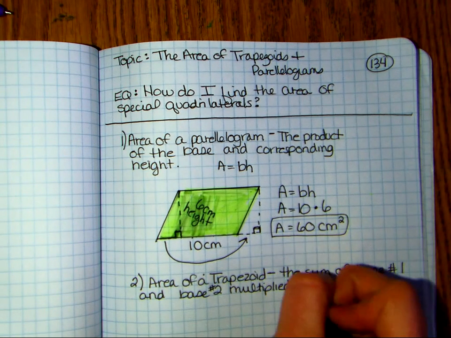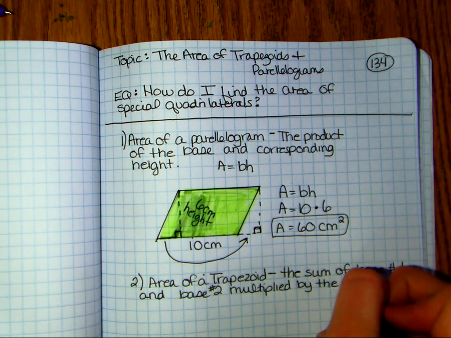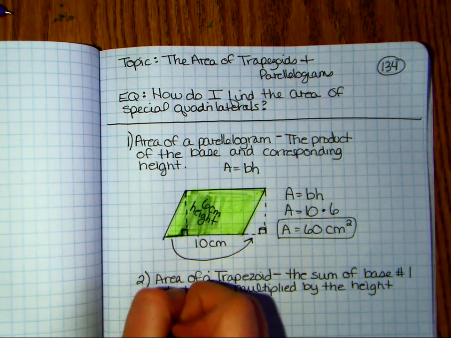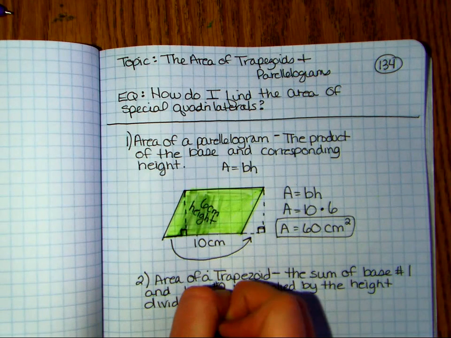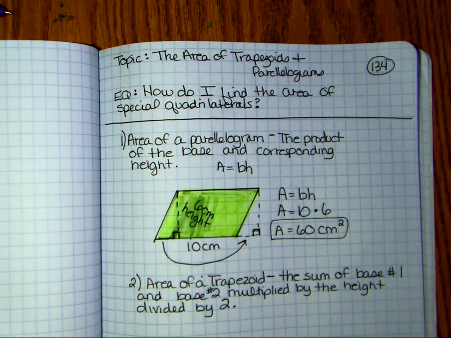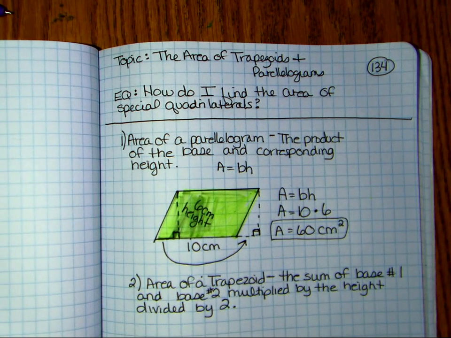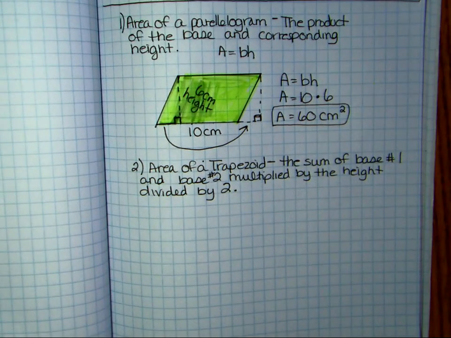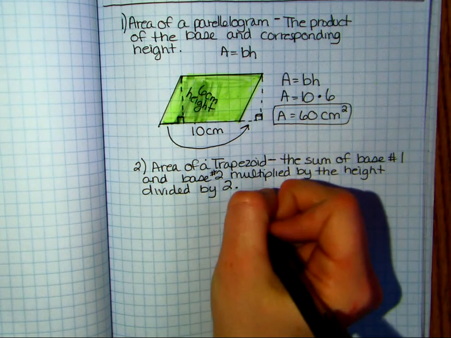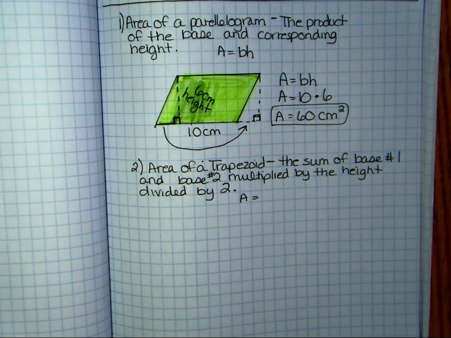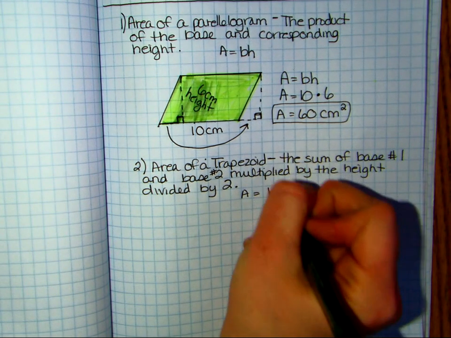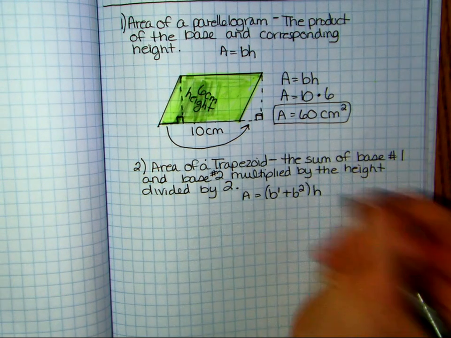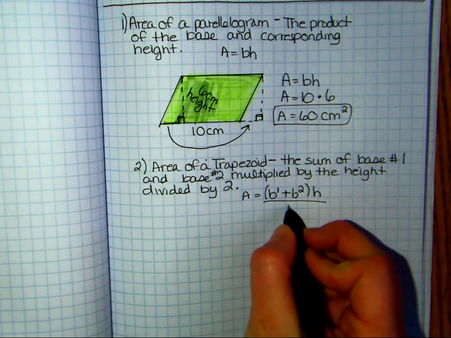Multiplied by the height, divided by 2. And that seems very wordy. I'm going to show you the formula, and then we're going to actually put it into use. So area equals base 1 plus base 2 in parentheses times the height divided by 2.